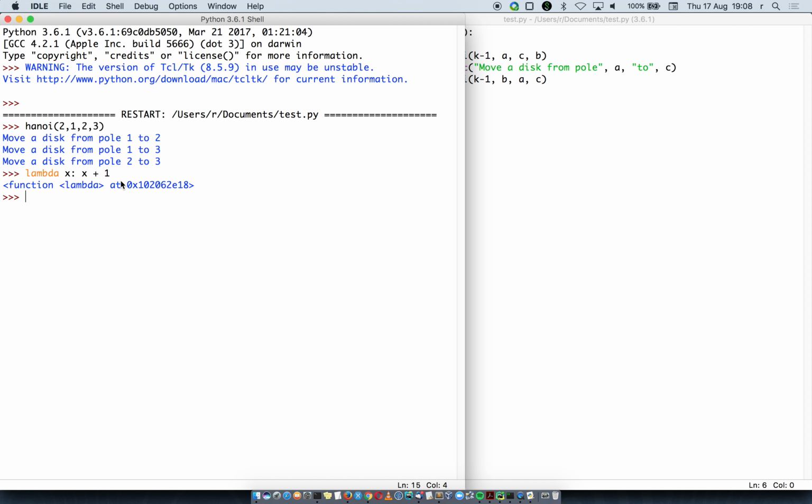I have the option of giving this a name if I want to. And now, if I say f applied to 2, I'm going to get 3. But I can simply do lambda x: x + 1, and I apply this to 2, and I get back the same 3. Okay?